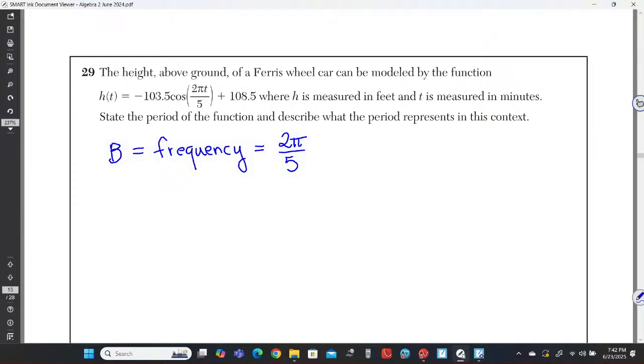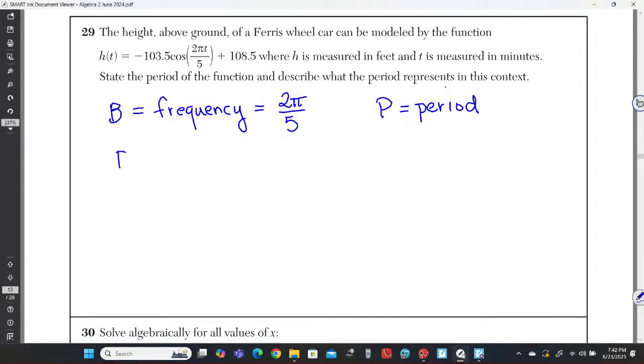All right. The period, p, is related to the frequency b by the following equation. B times p is equal to 2 pi. That means that I can do 2 pi over 5 times the period is equal to 2 pi.